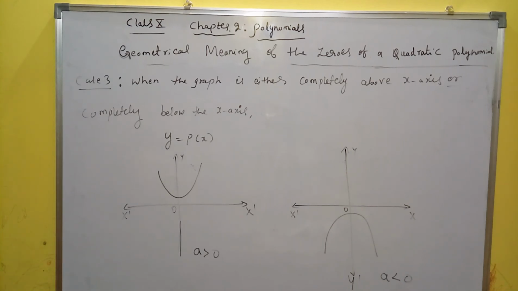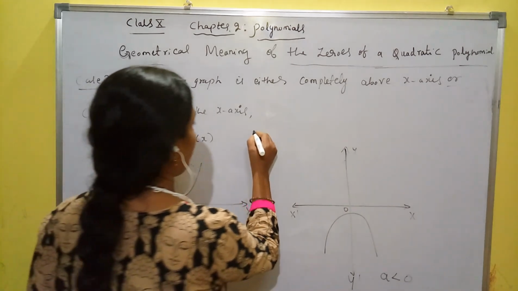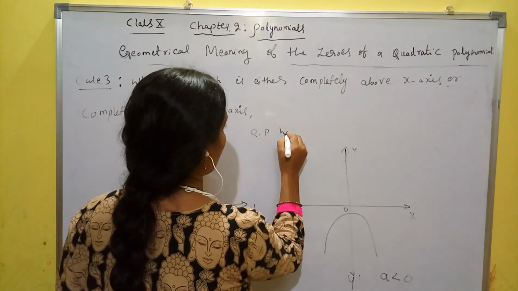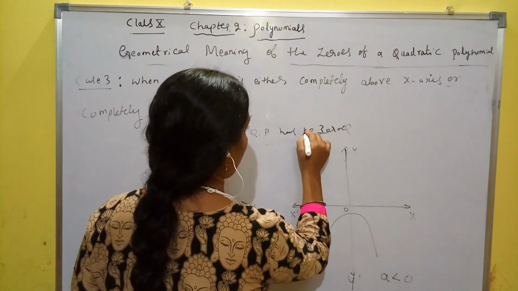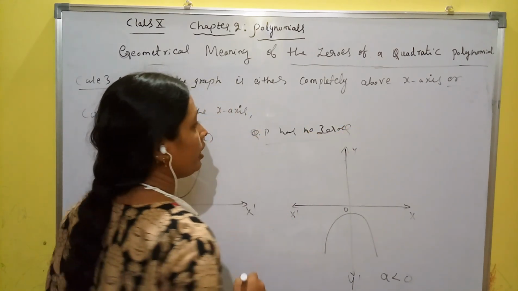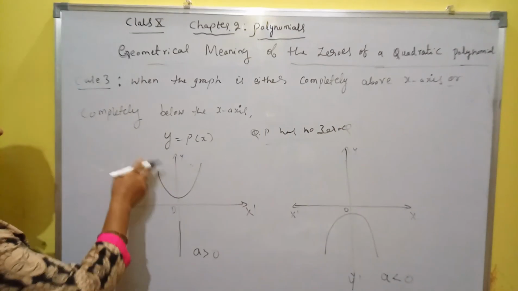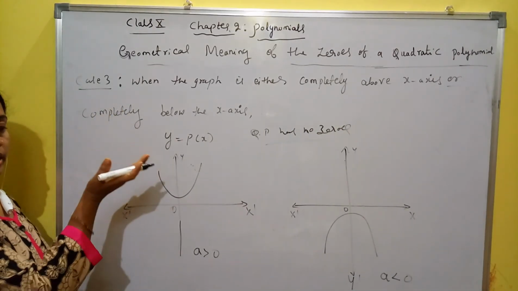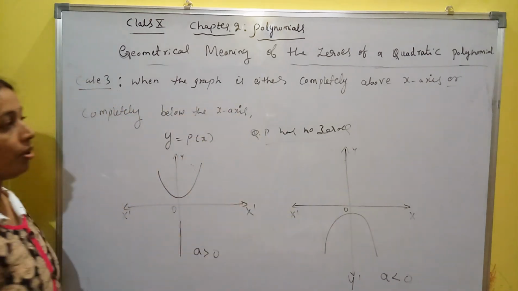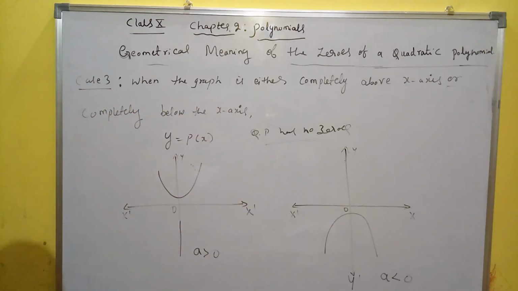It does not have any zeros. So in the third case, either completely above or completely below the x-axis, the quadratic polynomial has no zeros. Keep this point in your mind, students.